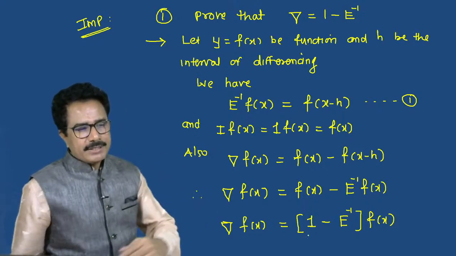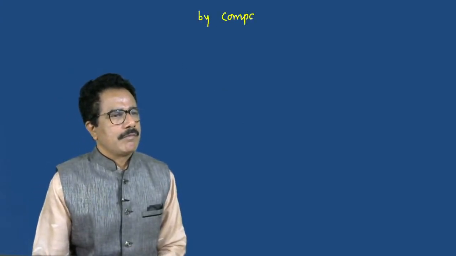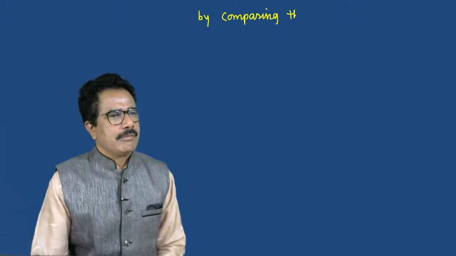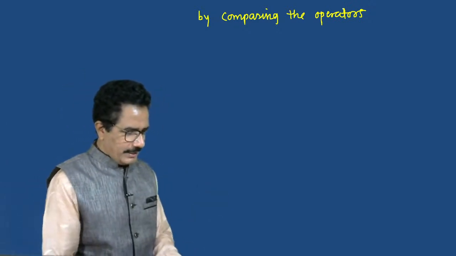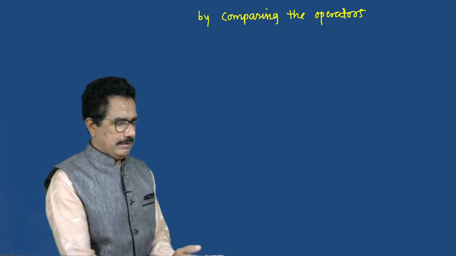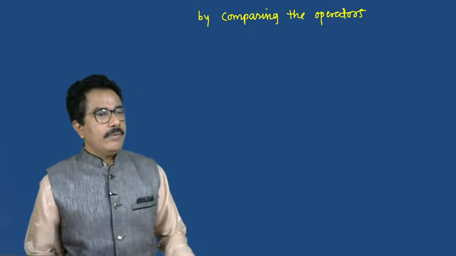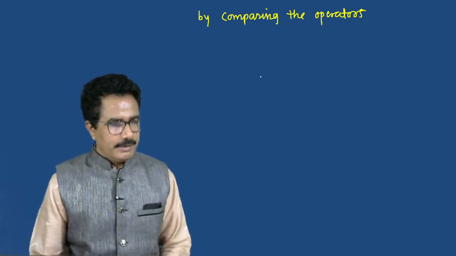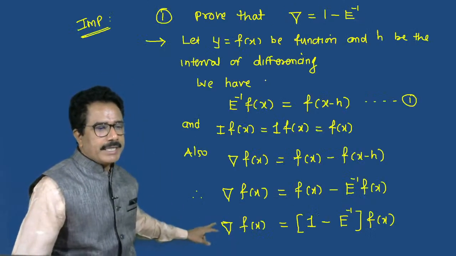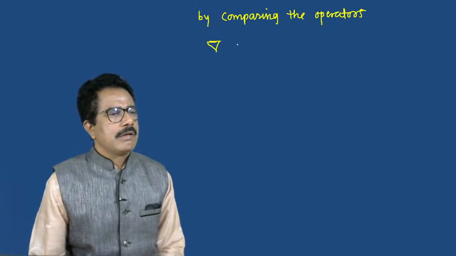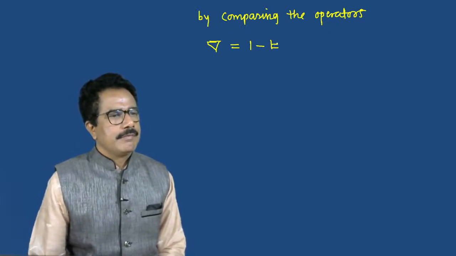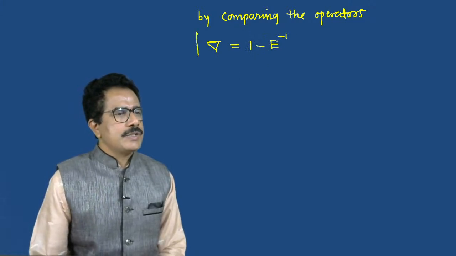So by comparing the operators, how can we write, students? Complete the operator: del is equal to 1 minus E inverse, and hence proved.